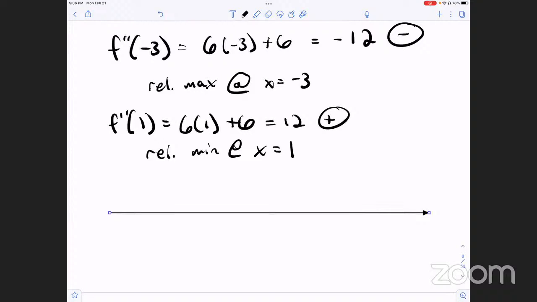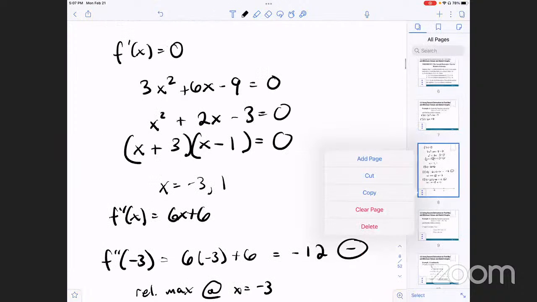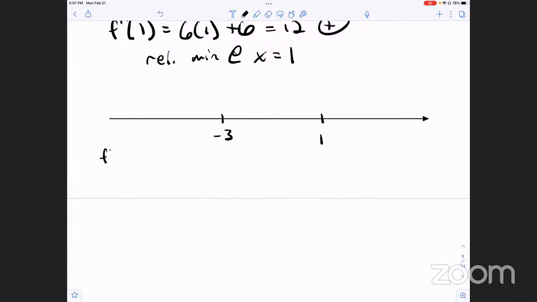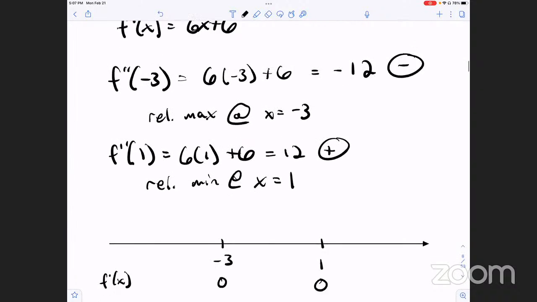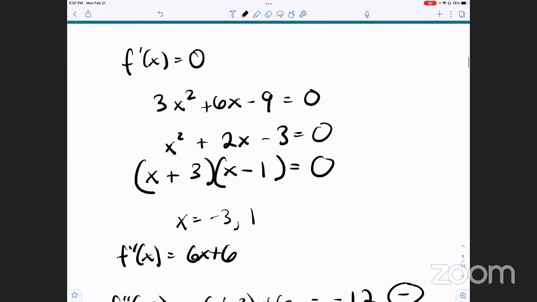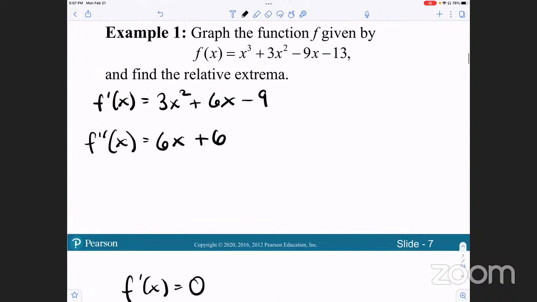Okay, so we're considering when x is negative 3 and 1. If we consider f prime of x, these were zeros. So for instance, take a number to the left of negative 3. f prime is 3x squared plus 6x minus 9.